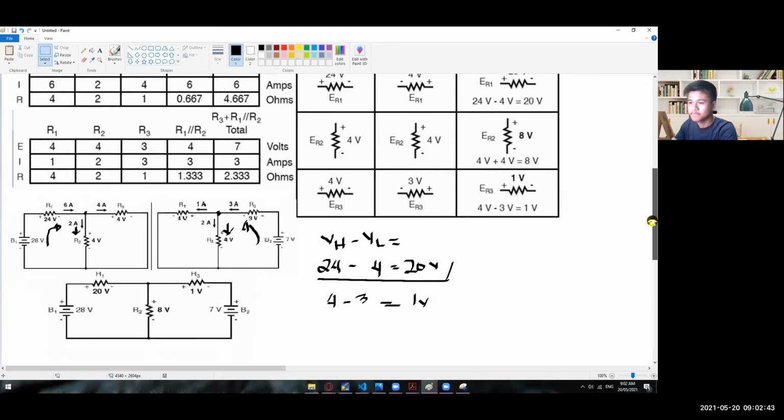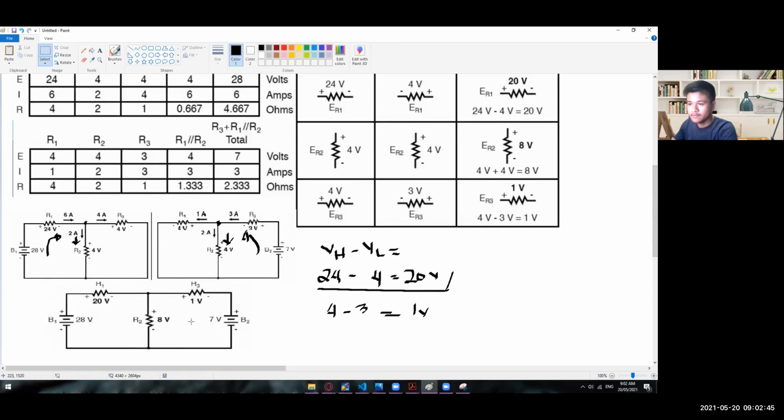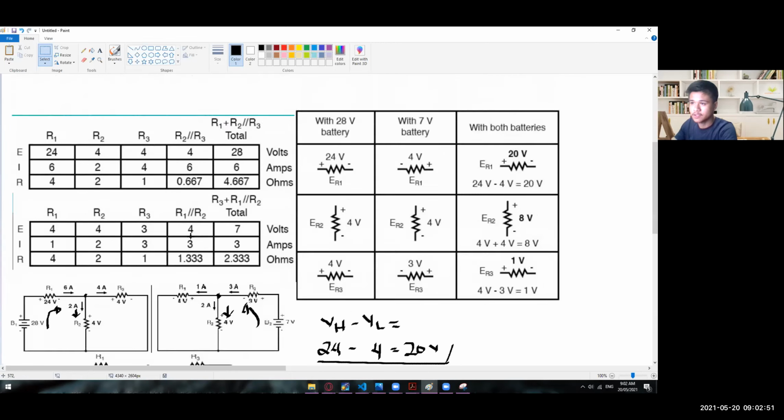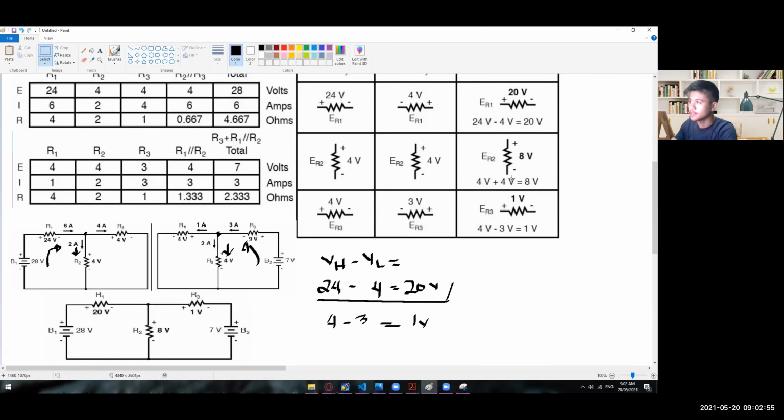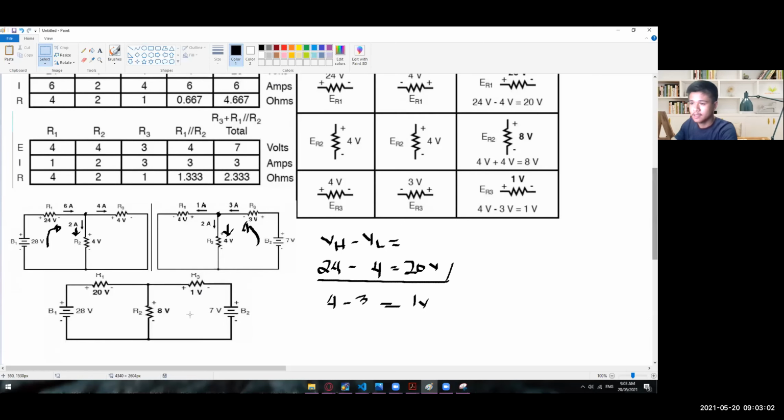So we still have the 28 volts and then 7 volts, but once you combine their voltage drops, we have here 20 volts for the R1, and then 8 volts for the R2, and then 1 volt for the R3. So this is now their final voltage drops, or the voltage across this entire circuit.